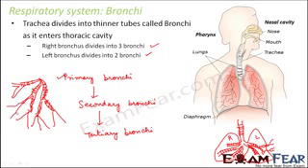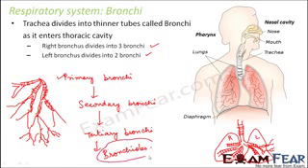So these are tertiary bronchi. Now these tertiary bronchi in turn will divide into bronchioles. So what are bronchioles? That we will see in the next slide. But so much branching off is because it wants to increase the effective surface area so that the net absorption can be increased.